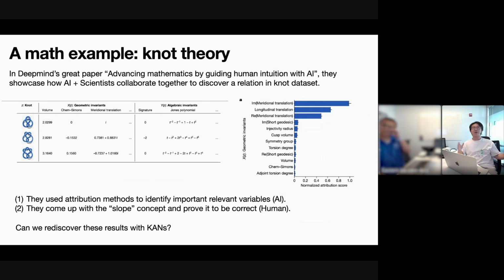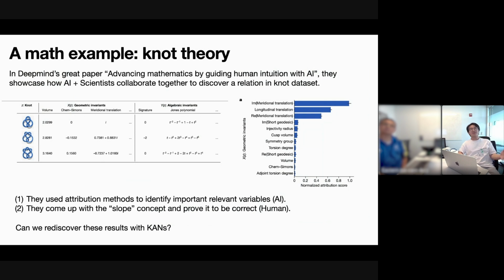They trained the MLP, and they used attribution methods to identify which are the important input variables. That's something done by AI, but then the human scientists come in and come up with the slope concept. They define a symbolic formula based on these AI-discovered important variables, and then the human scientists prove the formulas.